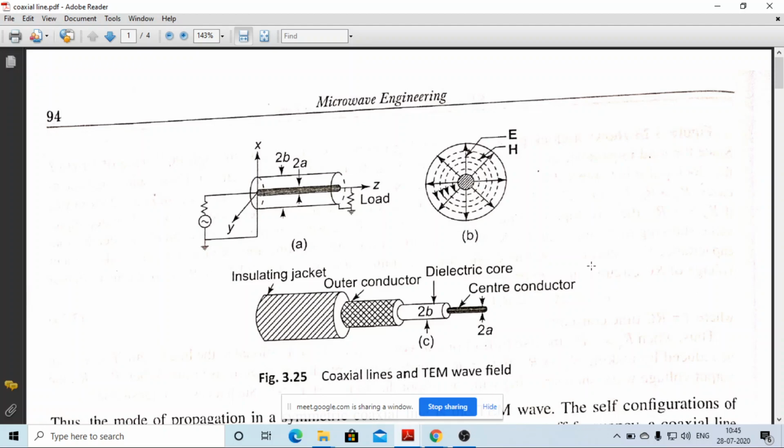Because if you simply take one conductor and cover it by the other conductor with a hollow space between them, due to the capacitance produced by these two conductors, charge is going to move from one place to the other, and hence the potential difference will gradually decrease. So to maintain the potential difference, we use a dielectric core between the outer conductor and the center conductor.